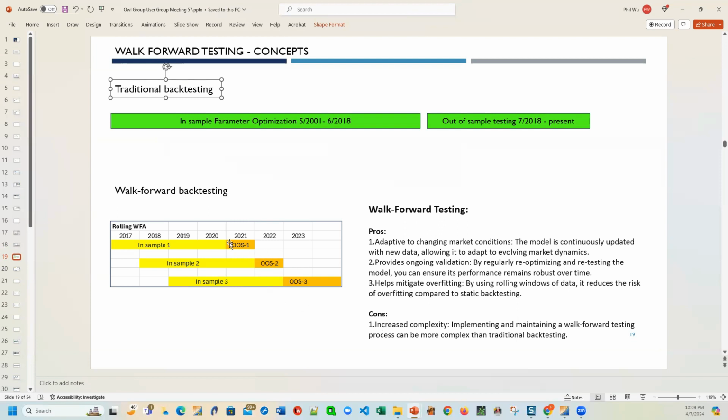So this is a similar concept here. It's trying to mimic what we would normally do. The traditional way is not adapting to the market as much as here. Here it's adapting much more frequently.